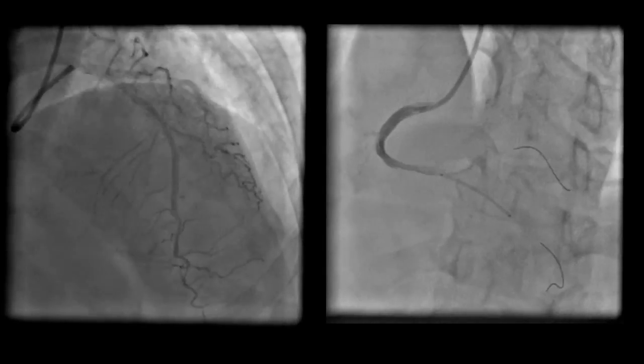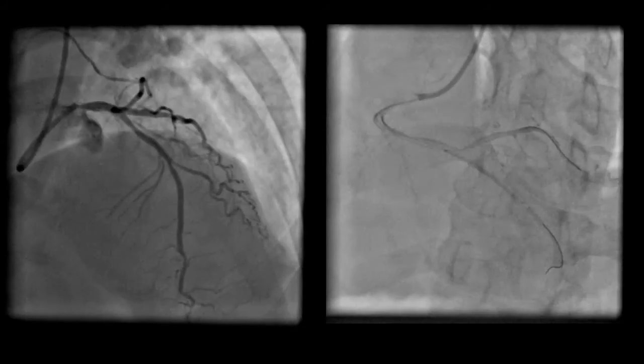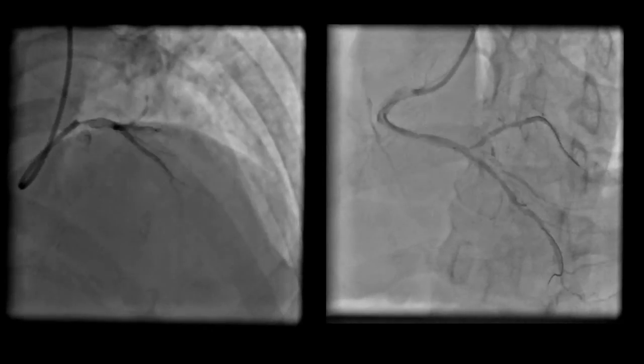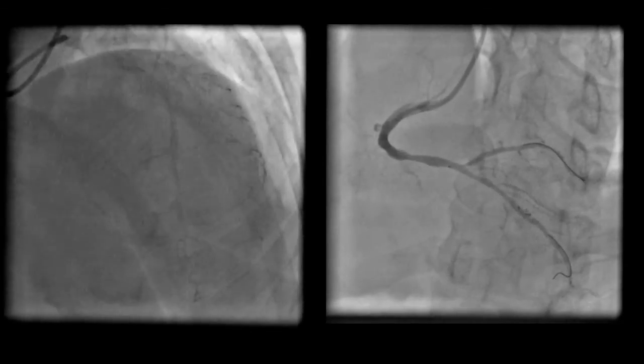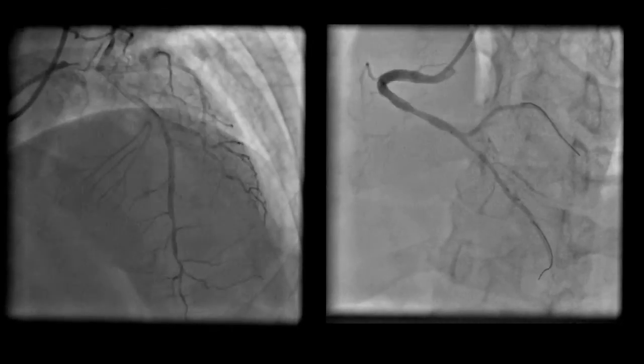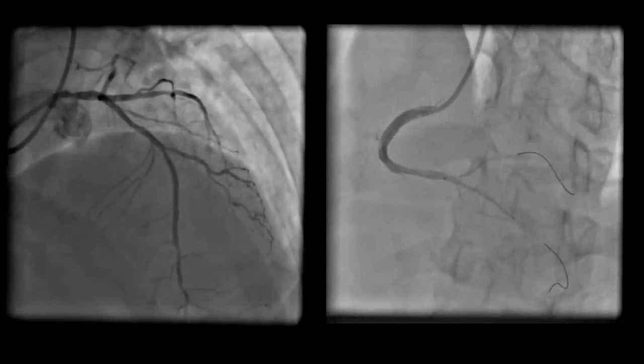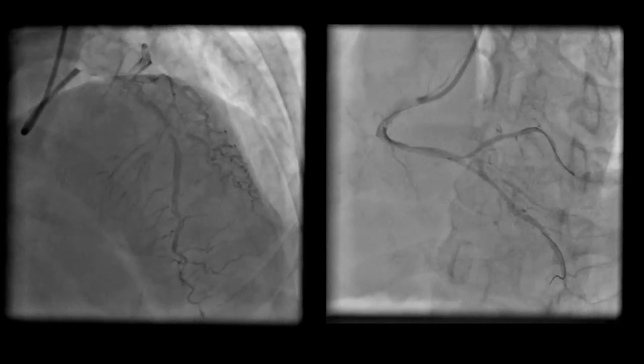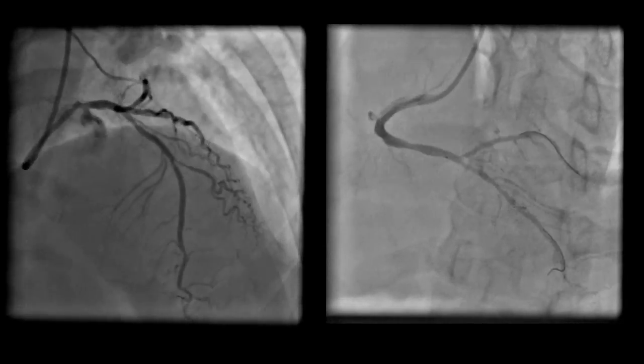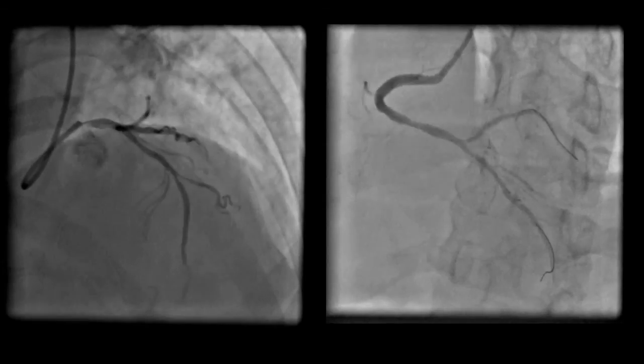As the RFR was not significant in the RCA lesion, and as the OCT showed no vulnerable lesion, we left it alone. So we decided to stent just the circumflex, and it is very, very important to assess the non-culprit lesions in patients with acute coronary syndromes.